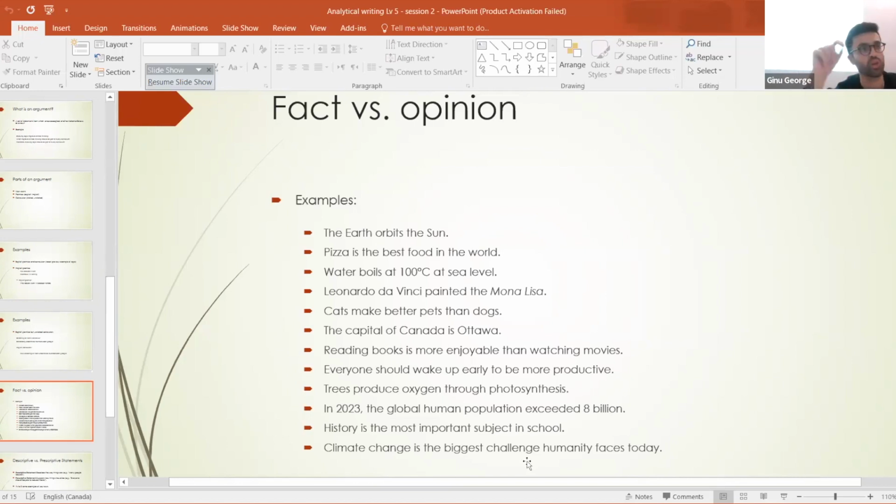If your arguments are correct, let's say I want to convince you that climate change is the biggest challenge that humanity faces today, and I give you some strong arguments. And you're like, whoa, yeah, we accept those arguments, and then you become persuaded of this statement, then this statement becomes factual. It's a fact that climate change is the biggest challenge that humanity faces today.